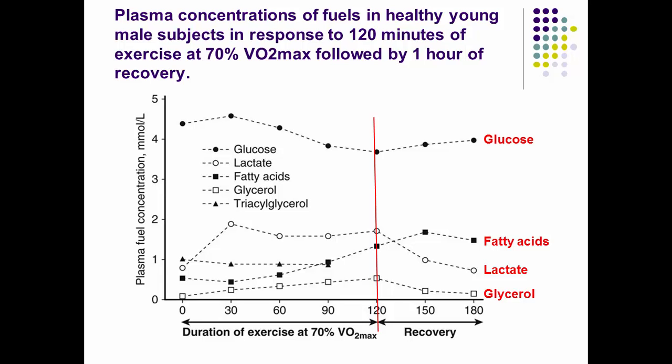The lactate levels increase, which makes sense, right? We have utilized a lot of carbohydrate during this time period and produced a lot of lactate, not necessarily from skeletal muscle, but from other tissues. Remember, during exercise, muscle becomes the most important tissue, so we need to save the glucose for muscle to use as energy.